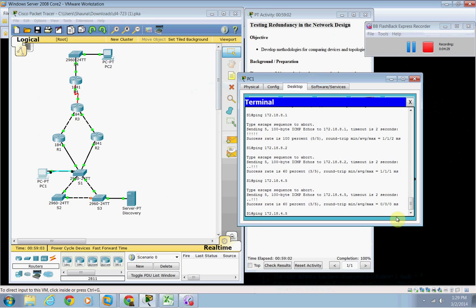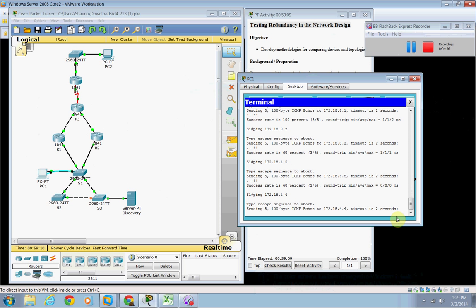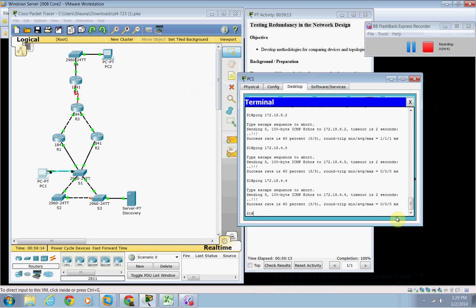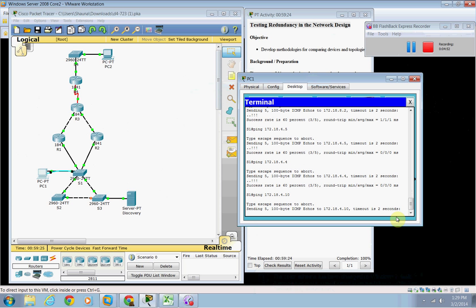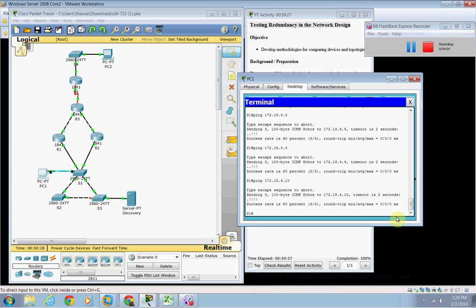Switch 2 is 4.4. Okay. PC1 is 4.10. Okay, and PC2 is 8.10.